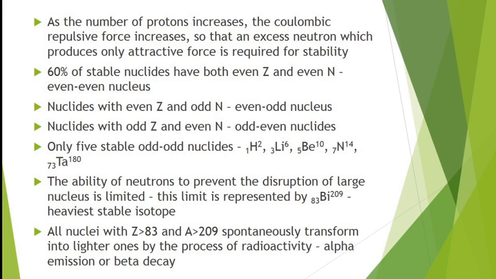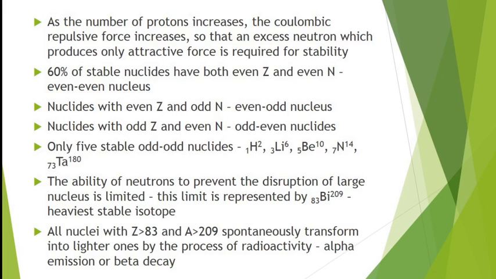So as the number of protons increases, the Coulombic repulsive force increases, so that an excess of neutrons, which produces attractive nuclear force, is required for stability, so that the N versus Z curve departs from the N equal to Z line.